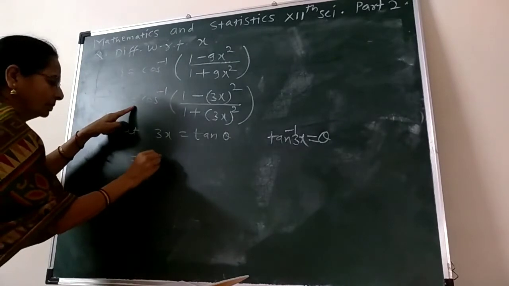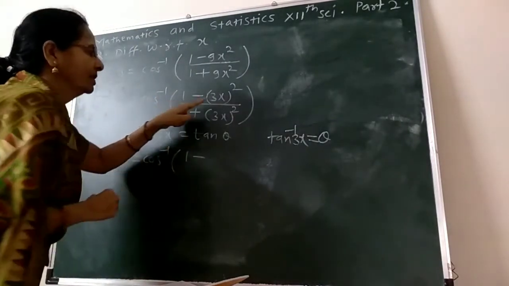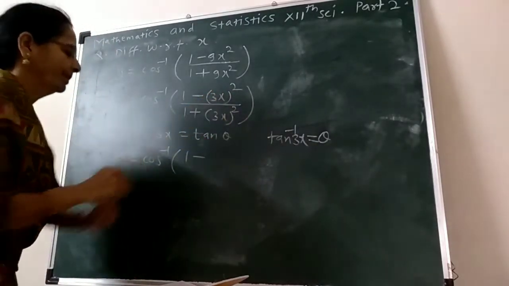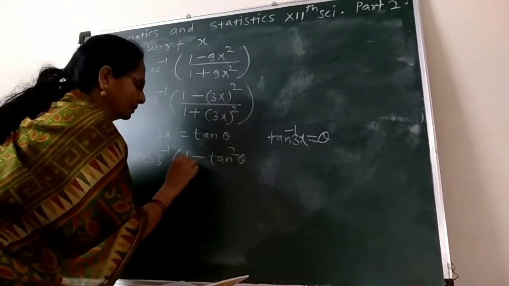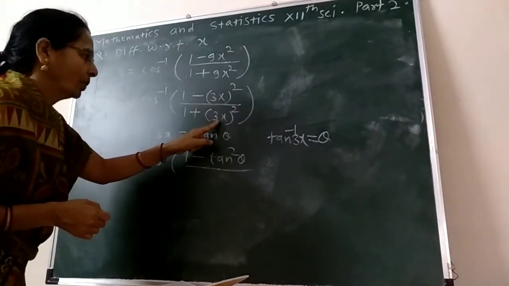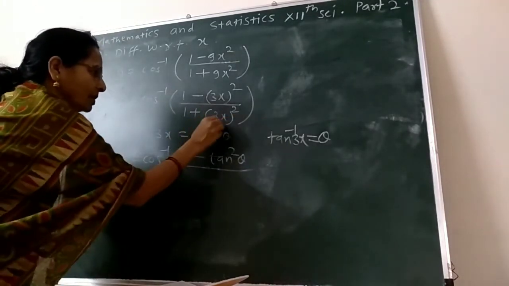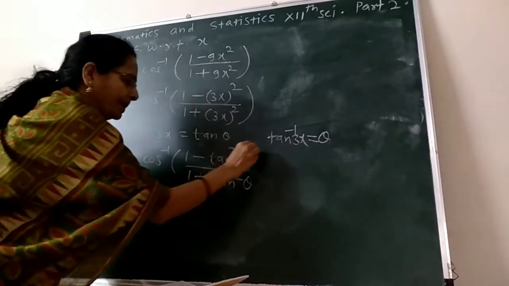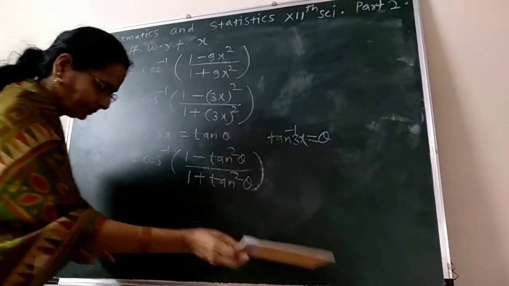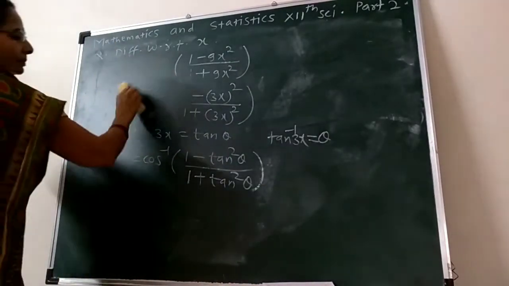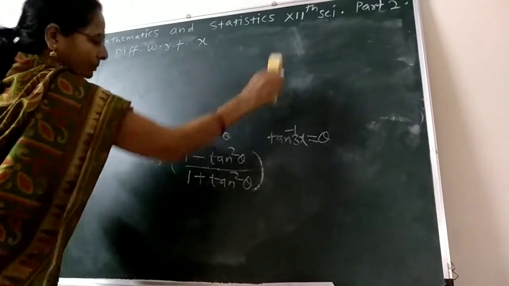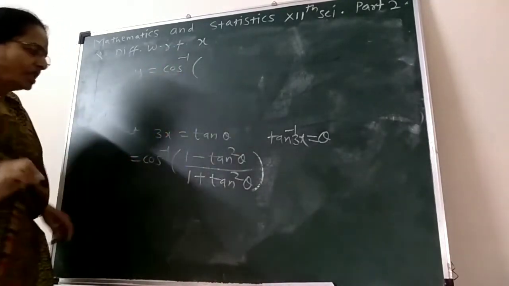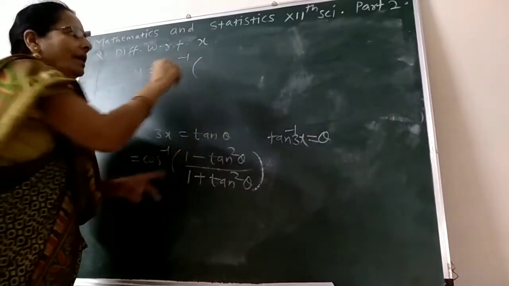Y is equal to cos inverse of 1 minus 3x square, so tan square theta, since 3x bracket square is tan square theta, upon 1 plus tan square theta. This is the formula of cos 2 theta.